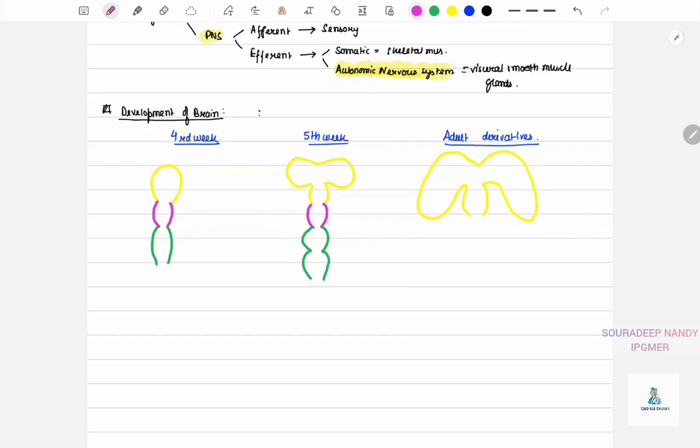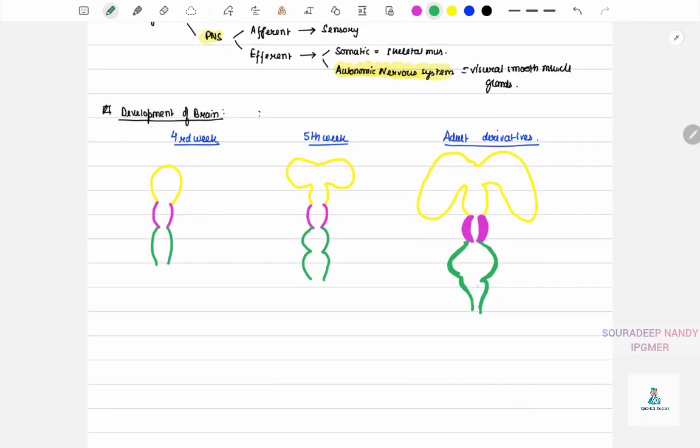The mesencephalon gradually thickens and narrows down the cavity present within it, and that cavity is named the cerebral aqueduct. The metencephalon bulges out and develops into the pons, and the myelencephalon develops into the medulla oblongata. The pons and cerebellum are developed from the metencephalon.